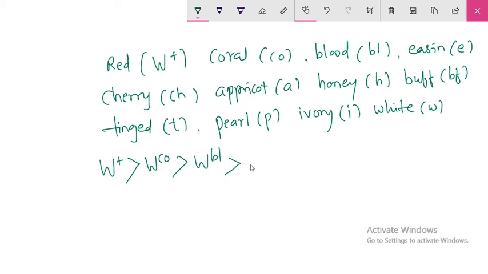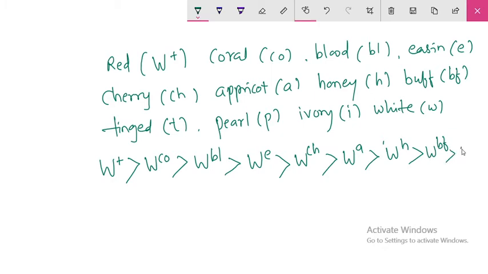Blood is dominant over the eosine. Eosine is dominant over the cherry. Cherry is dominant over the apricot. Apricot is dominant over the honey. Honey is dominant over buff. Buff is dominant over peach.